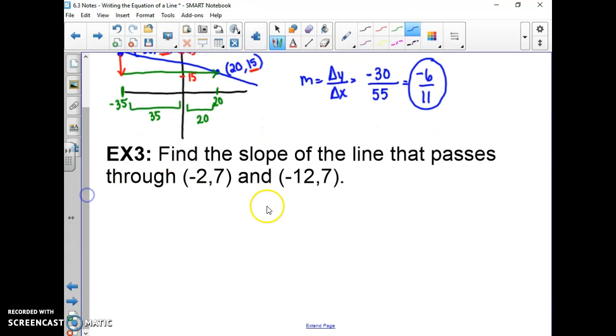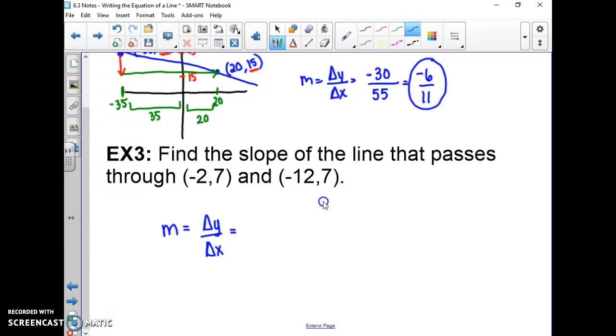Now, let's do the same thing, but without really looking at the graph so much. Our slope is our change in y over change in x, and we know how much the y values change and how much the x values change.